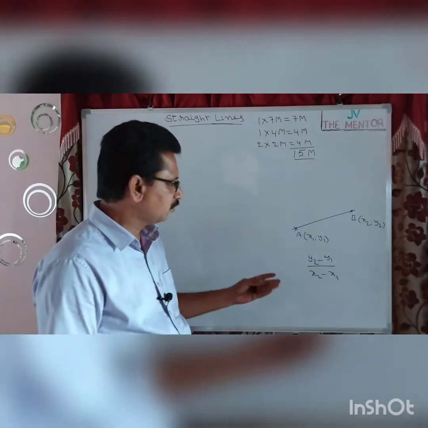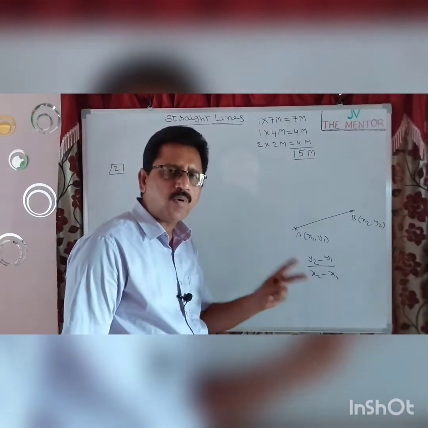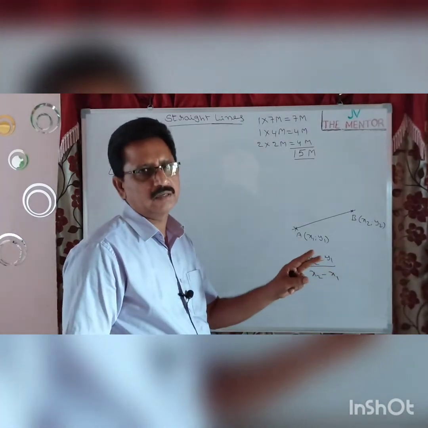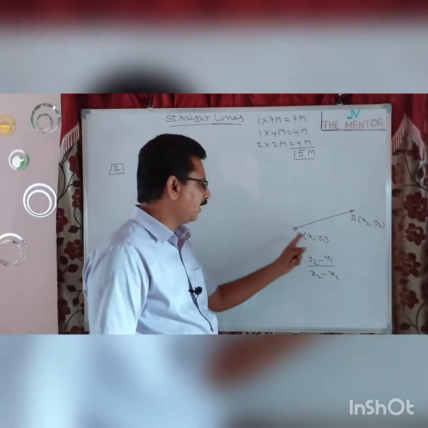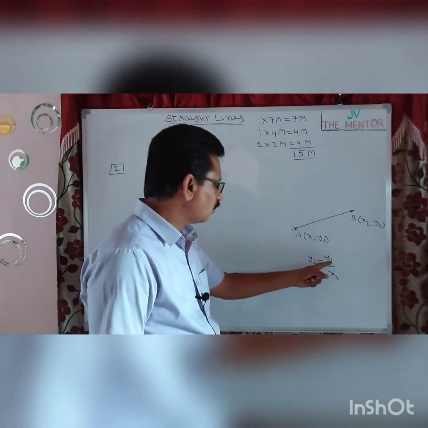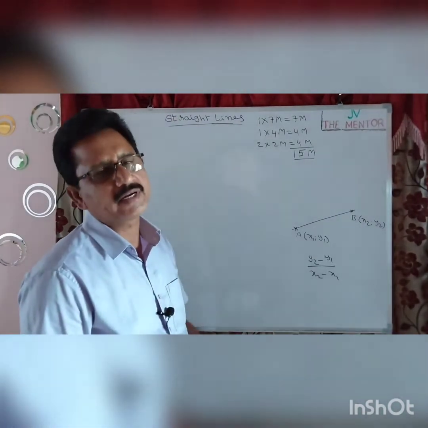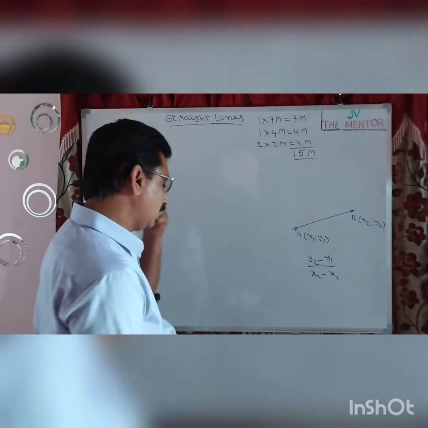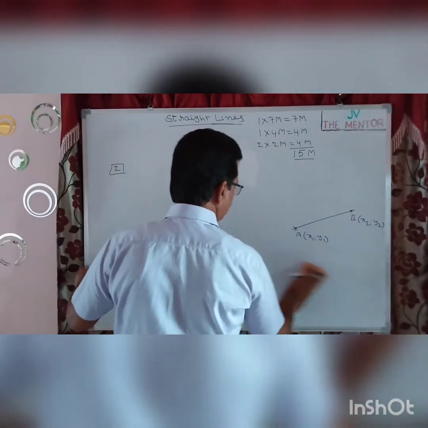So the slope of the line passing through 2 points A(x1, y1) and B(x2, y2) is the difference of y coordinates by the difference of x coordinates. Now write down. Second point.